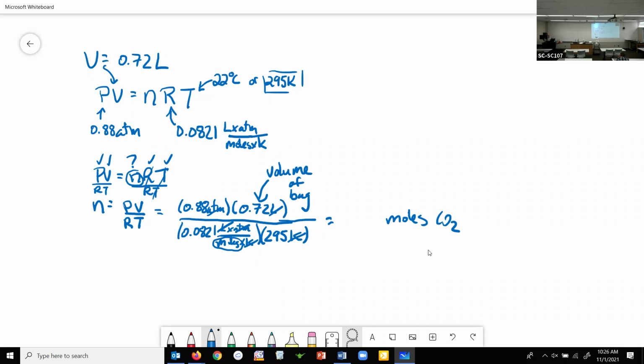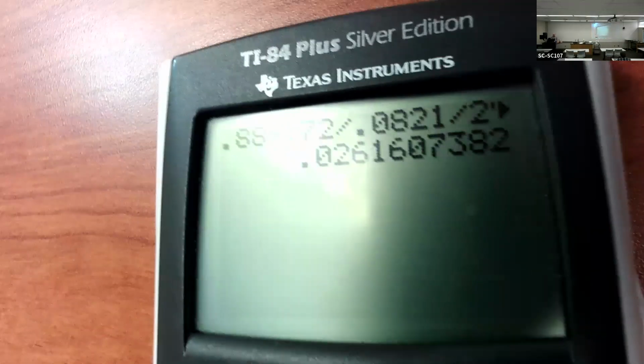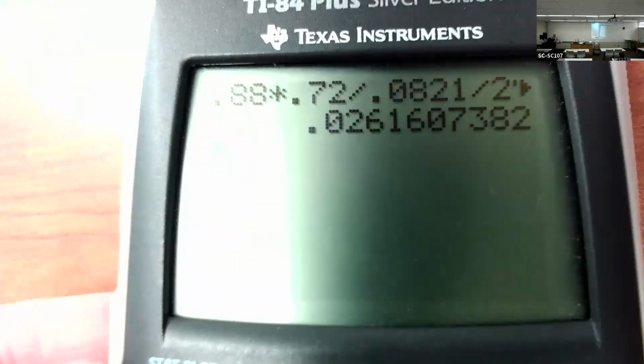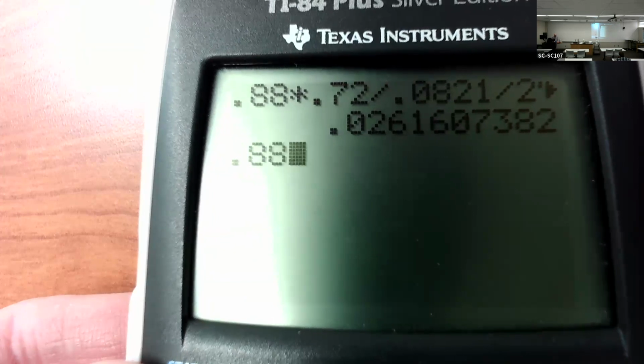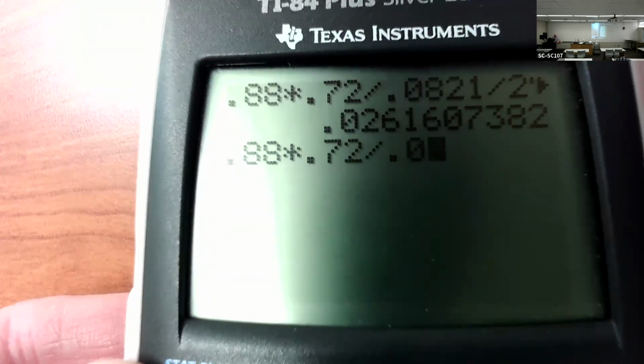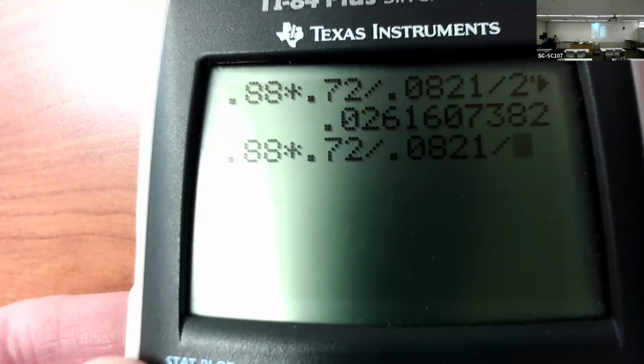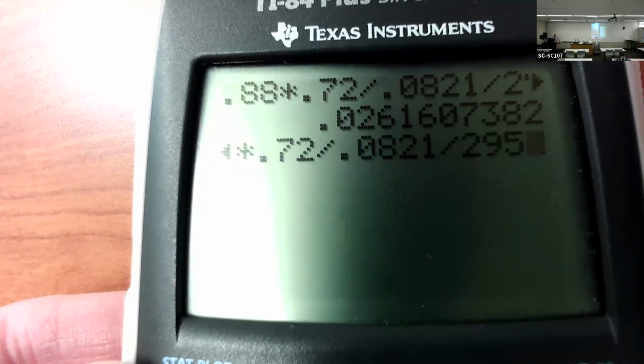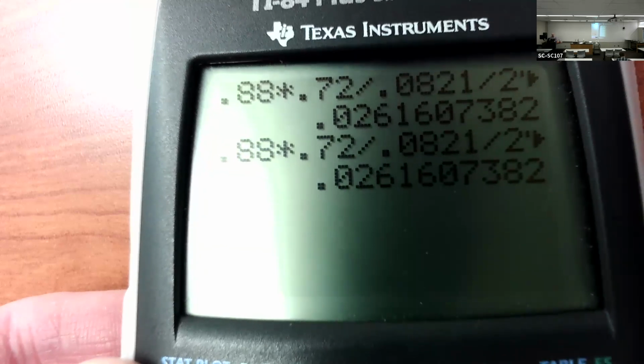Now, there are two different ways we can approach this. Just wanted to make sure in terms of calculator usage, we're doing this the right way. So one approach is to do 0.88 times 0.72 divided by 0.0821 and divide by 295. You have to do both divisions because both those numbers are on the bottom.